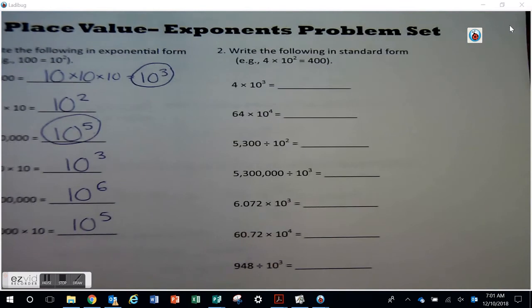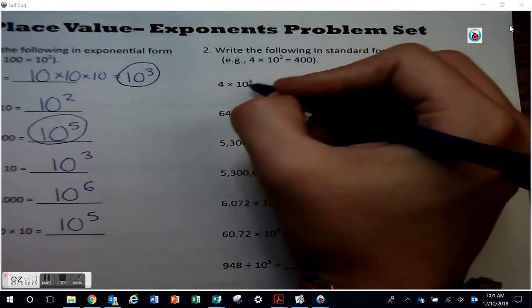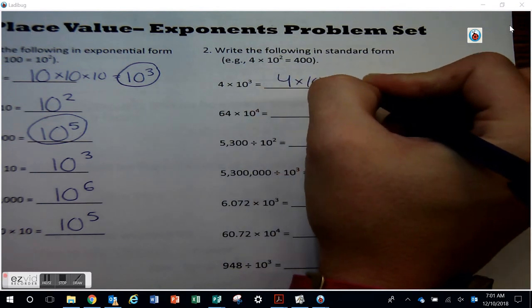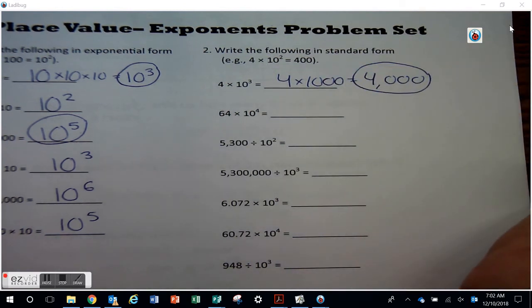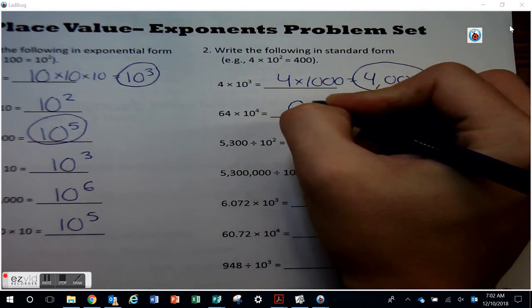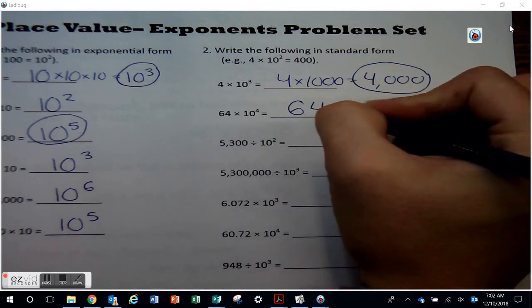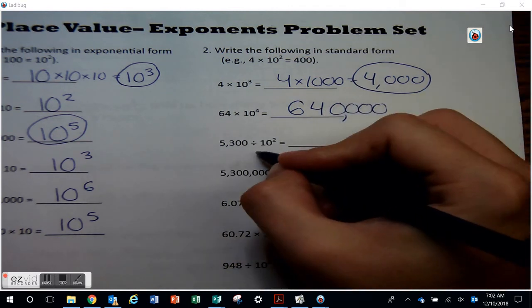Okay, looking at number 2, write the following in standard form. Well, this is going to be 4 times 1,000, so that's 4,000. Remember, standard form is how we typically see numbers. This is going to be 64 with 4 zeros behind it. 1, 2, 3, 4. 640,000. Oh, we're dividing.